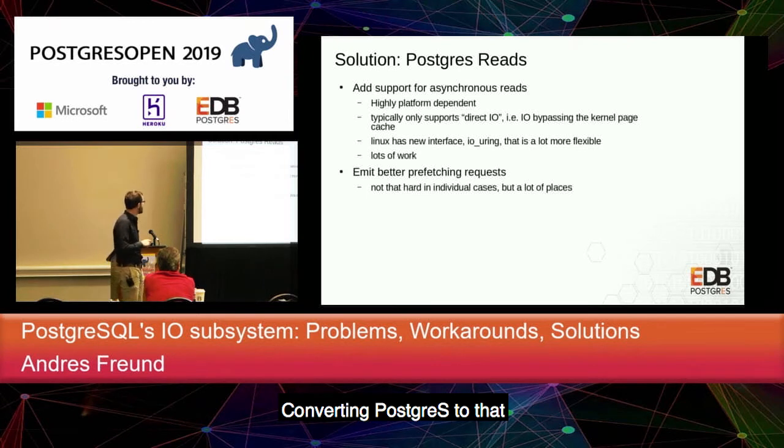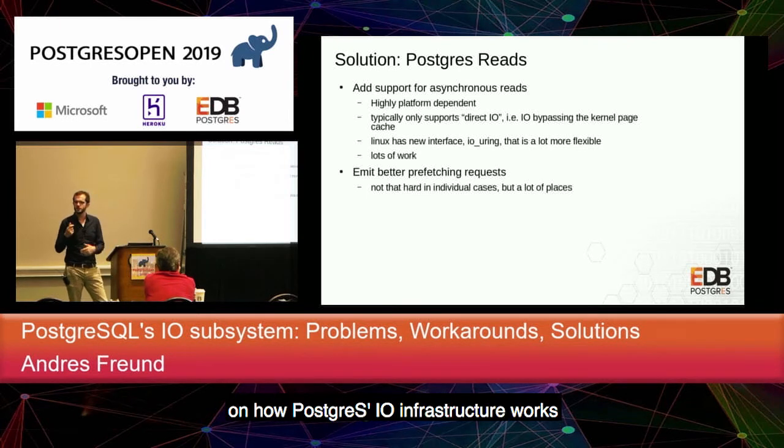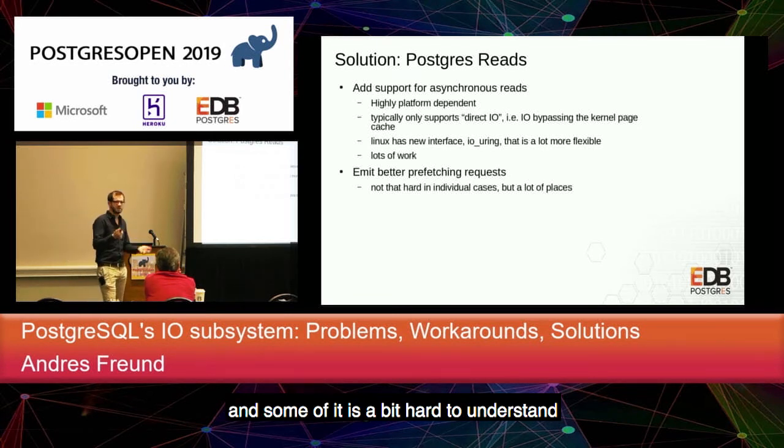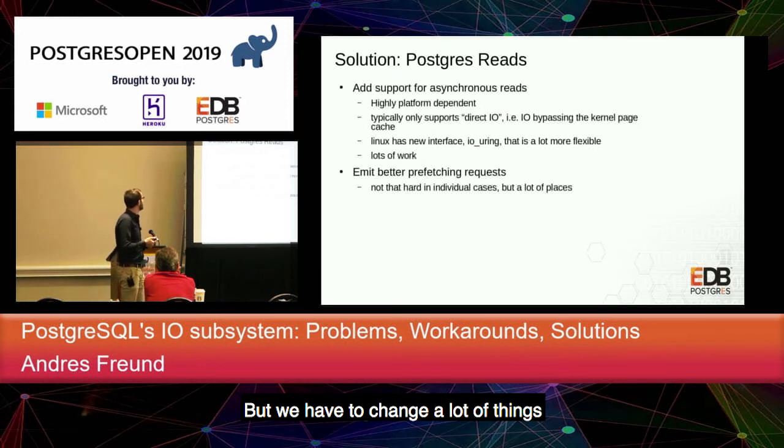Converting Postgres to that is unfortunately a lot of work because there are some historical issues in how Postgres' I/O infrastructure worked, because nobody ever wanted to add that, and some of it is a bit hard to understand why it is like it is, but we have to change a lot of things to make it work.